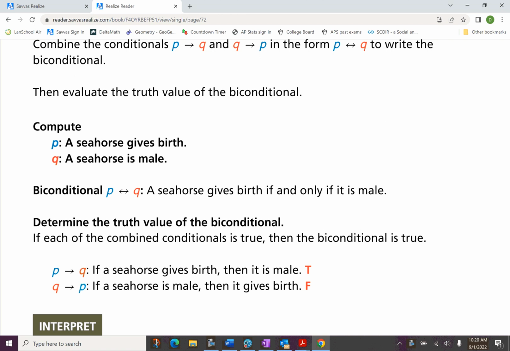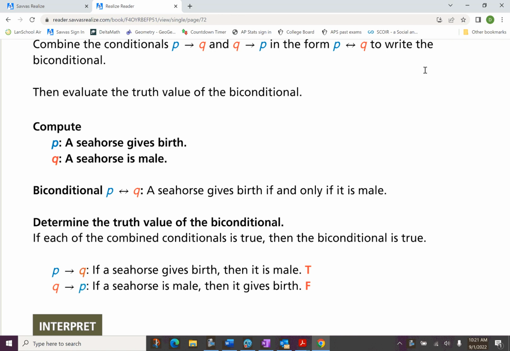Now in this case, you can see up above with the lovely color coding, they used the word seahorse in each of those. You really don't need to. We could, at times here, use pronouns. You don't have to write that out.